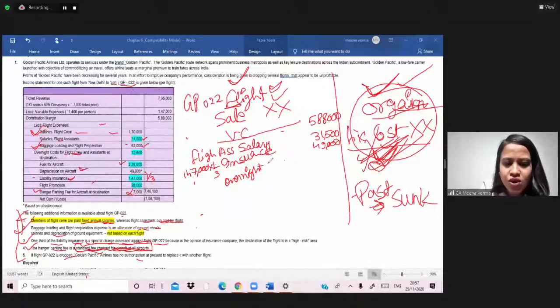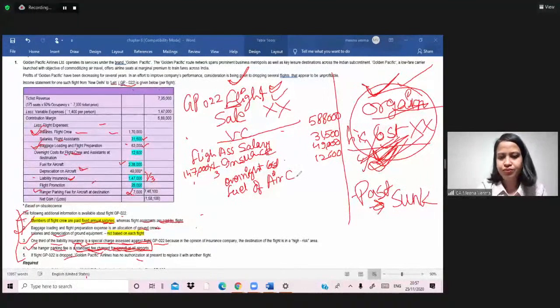Overnight cost of flight crew, which is 1,600. Then the fuel of aircraft, which is 2,38,000.